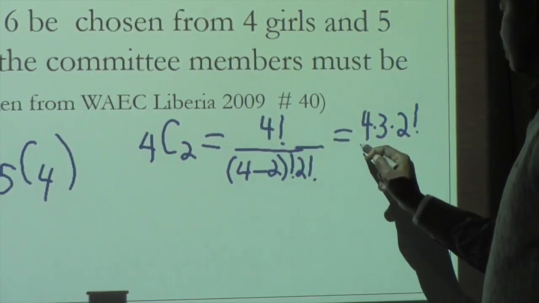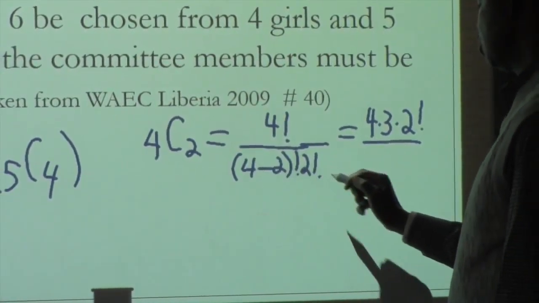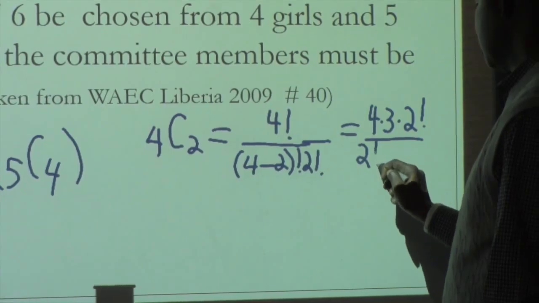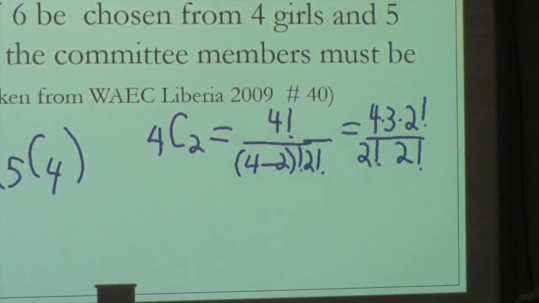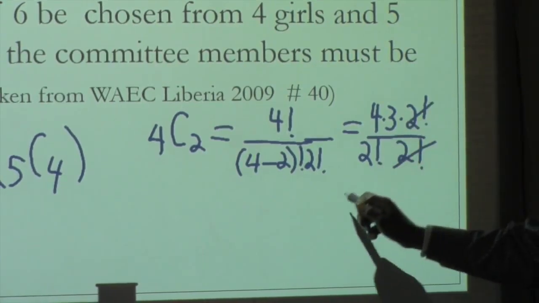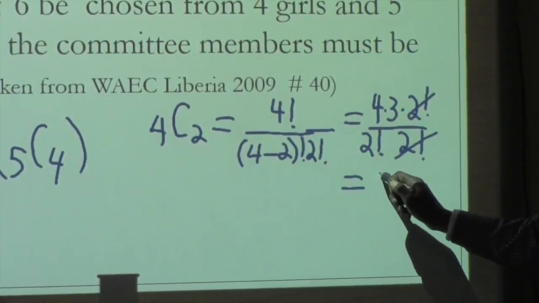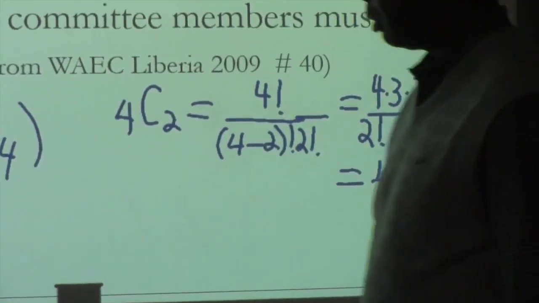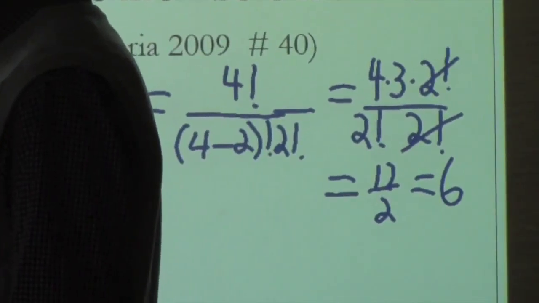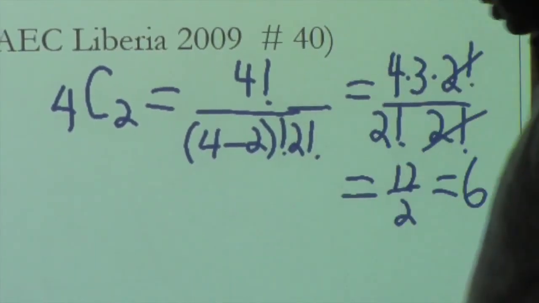I'm going to leave it like that. And then down here, 4 minus 2, that's going to be 2 factorial. And there's another 2 factorial down here. So what's going to happen over here is that 2 factorial is going to cancel with 2 factorial. 4 times 3 is 12. I will have 12 divided by 2. So the number of arrangements for the girls will be what? 6.